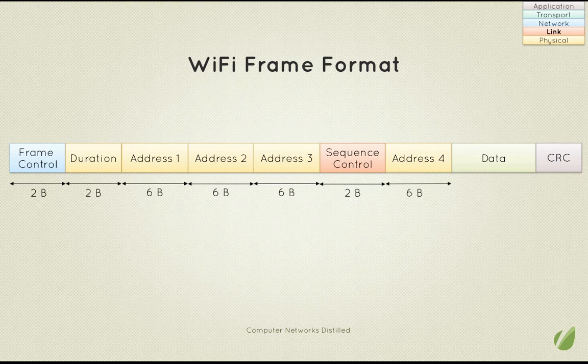Next, there's another 6-byte address that's used in ad hoc mode. Then we have the payload, which is up to 2,300 bytes of data. And lastly, there's a 4-byte cyclic redundancy check or frame check sequence. The CRC is used to check the integrity of the frame and make sure it hasn't been corrupted.